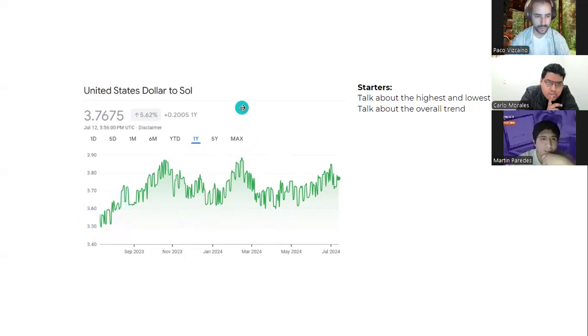Okay, we see in this graph the United States dollars to sol, the type of change, and in the period of maybe February and the other period of a year, we can see in the period of February 2024 represents the peak of the value of the dollar.